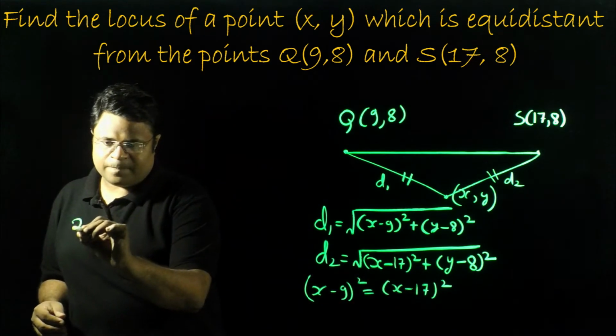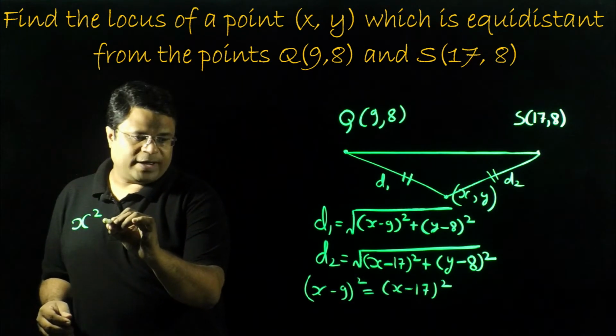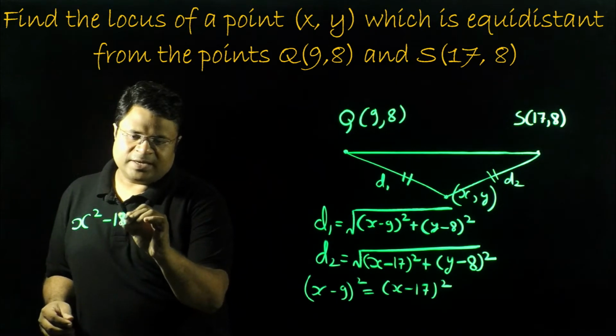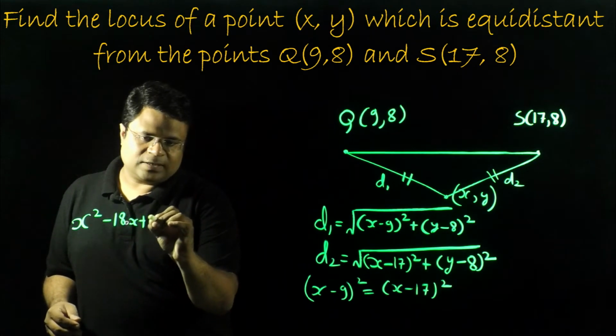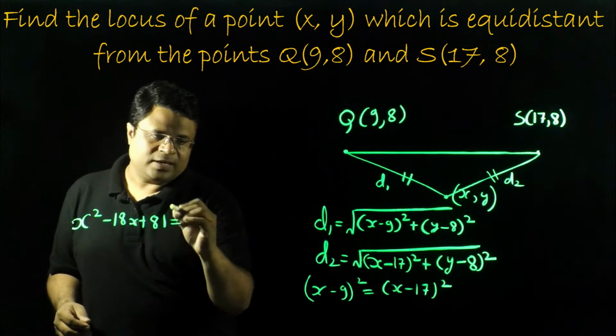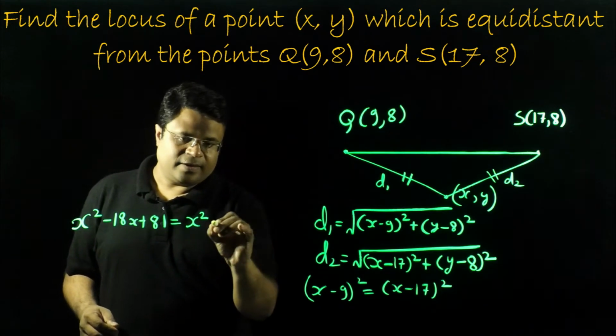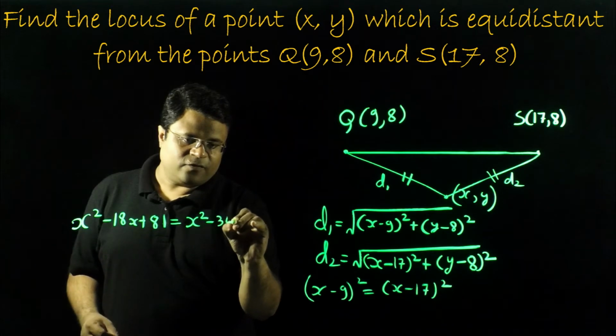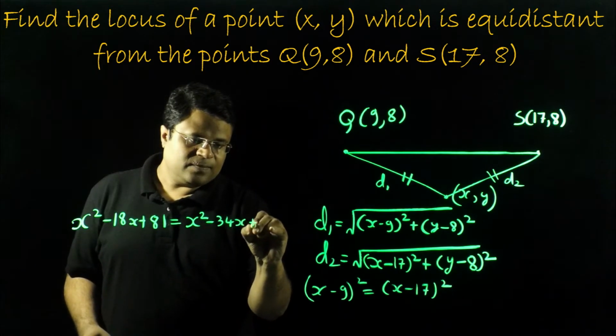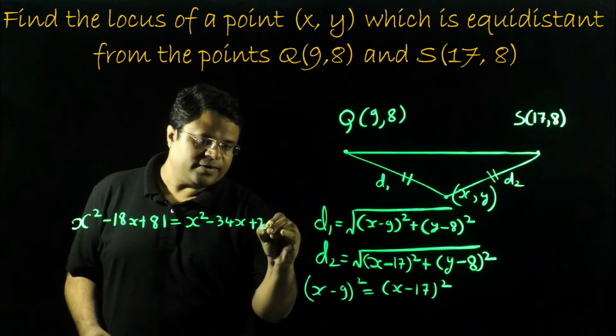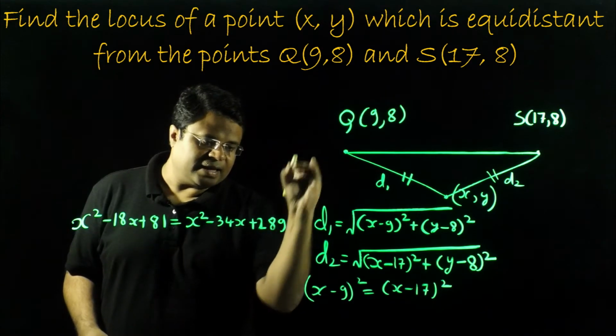So we have x square minus 18x plus 81 is equal to x square minus 34x plus 289.